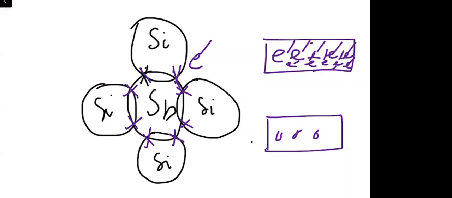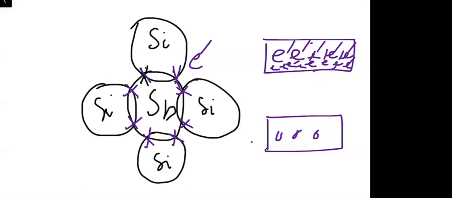So the total electrons available in the conduction band will be the number of electrons due to the added impurity plus the number of electrons due to the electron hole pair creation. So we will have a few more due to the electron hole pair creation.